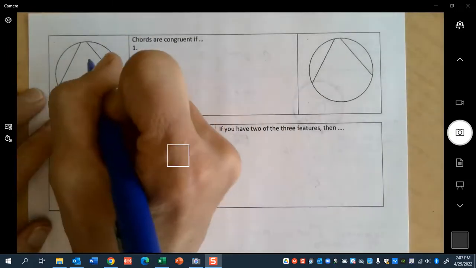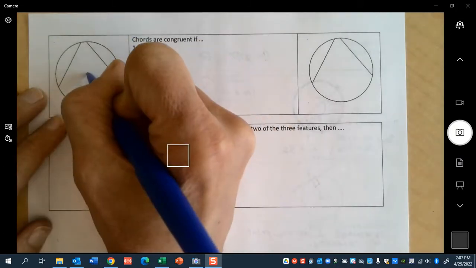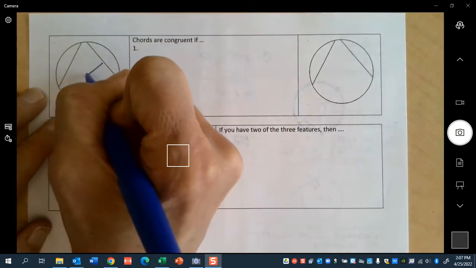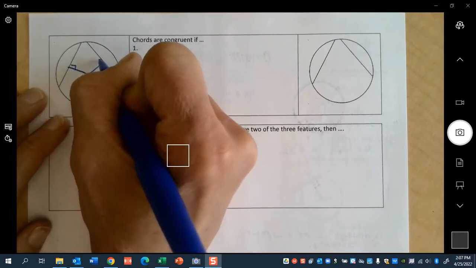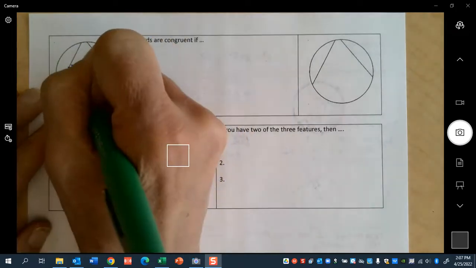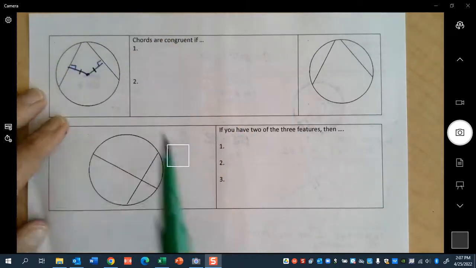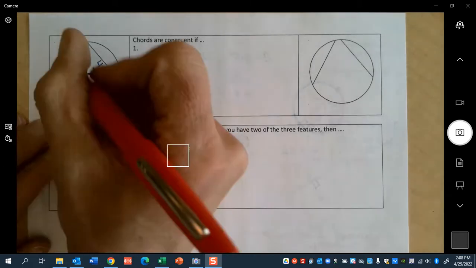All right, chords are congruent if what am I drawing? What big idea am I drawing? Chords are congruent if what does this picture show?